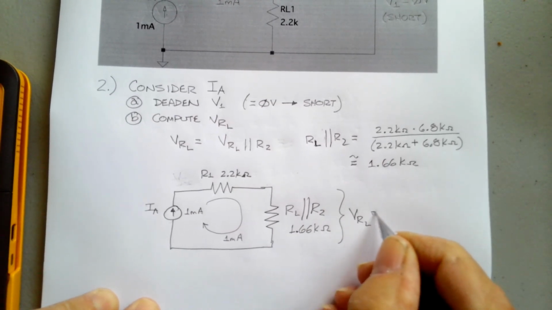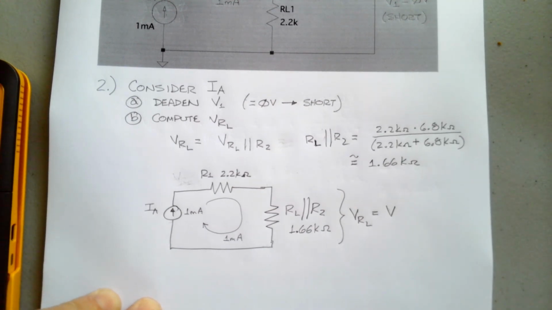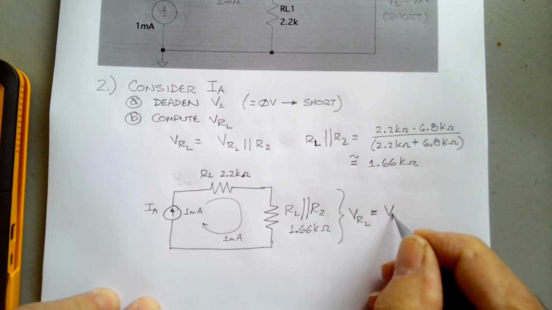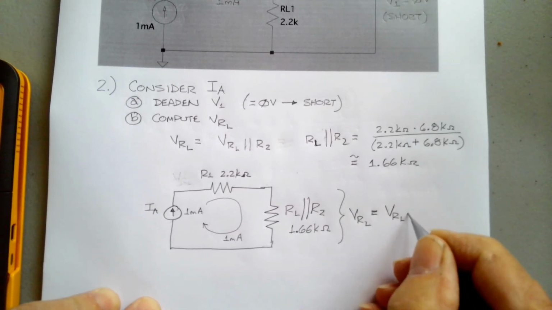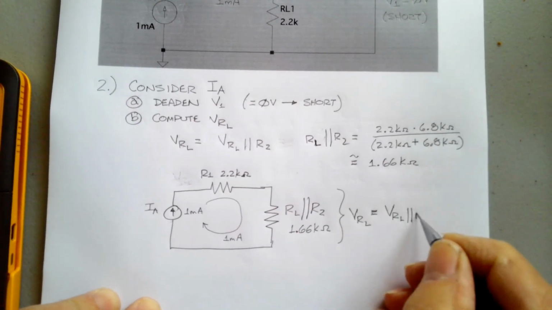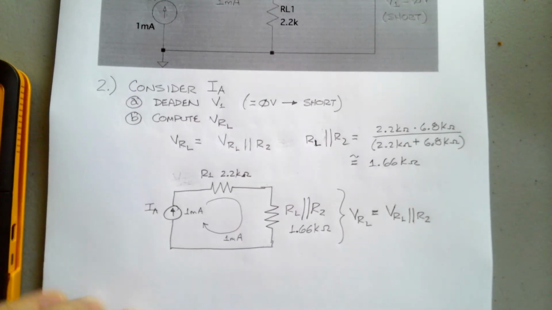As we said, VRL is equal to the voltage across this parallel combination, because in a parallel circuit, voltage is the same and there are different currents. We just care about the voltage here. So VRL, at least in this contribution, is the voltage across RL in parallel with R2.